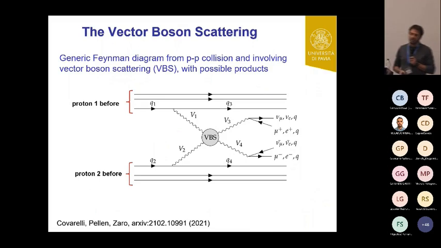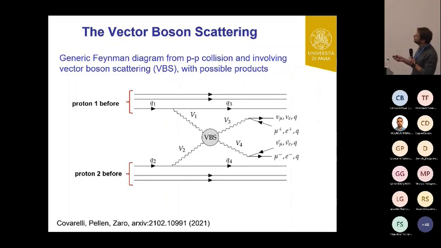Let me show you this by a Feynman diagram. The physicists in the audience might be familiar with this, but also for the non-physicists, this is an easy way of picturing what's happening when two protons collide with each other in the detectors. There are the two protons represented by these three lines, one on top and one at the bottom. As we know, the standard model of particle physics teaches us that each proton is made up of three quarks.